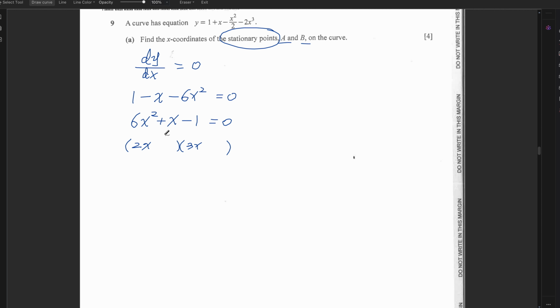And this is positive, so the 1 multiplied by 3x needs to be positive, and this is a negative, so you have this equals to 0. Then your x is gonna be negative half or 1/3. Yeah, that's all. So you just need to find the x coordinates. And you can just assign them to be point A and point B.